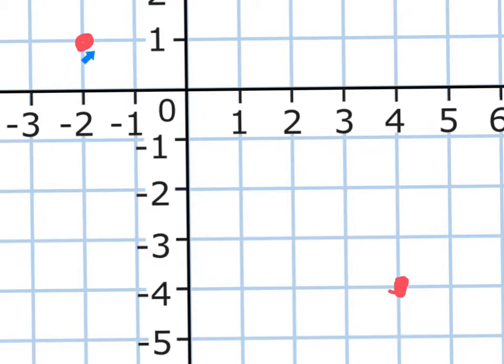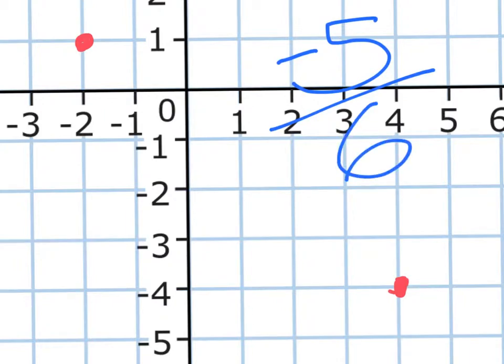But let's count that anyway. So it's going to be 1, 2, 3, 4, and we stop here, 5. So the rise is negative 5 over, and let's find out what the run is. Right here, let's count 1, 2, 3, 4, 5, 6.